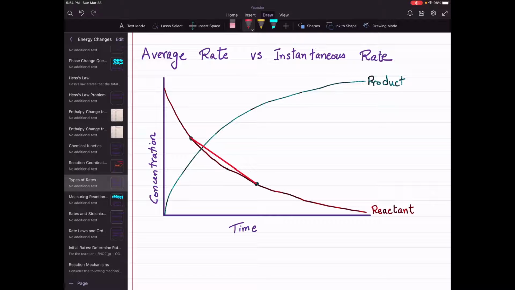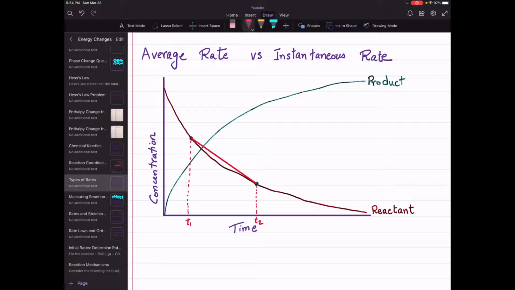That's a straight line, all right? So we have two different points of time, right here and right there, right? So this is our time 1, and that's our time 2. Okay, so we have time 1 and time 2.